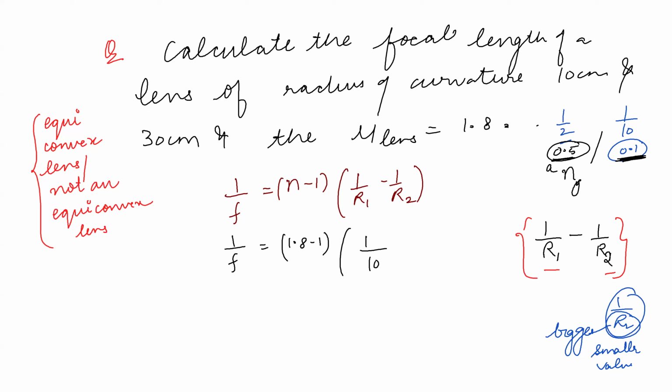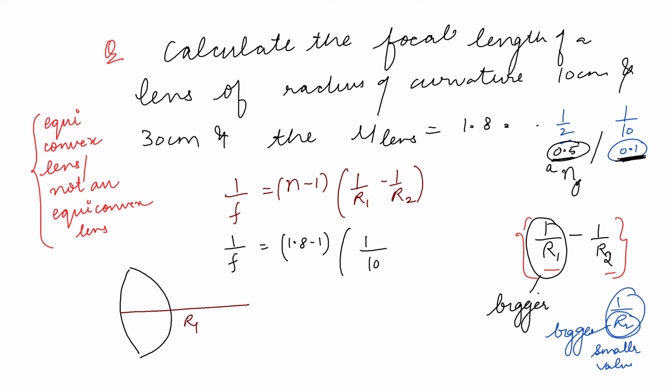Got the point or not? So that's what you have to understand here. Whenever we have 1 by R1 minus 1 by R2, 1 by R1 has to be a bigger value if you are subtracting. But you understand one more thing, that if you have a lens like this, this is my R1 and this is my R2.